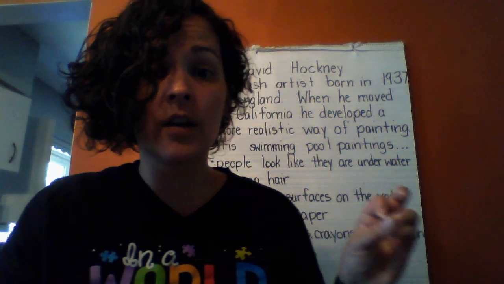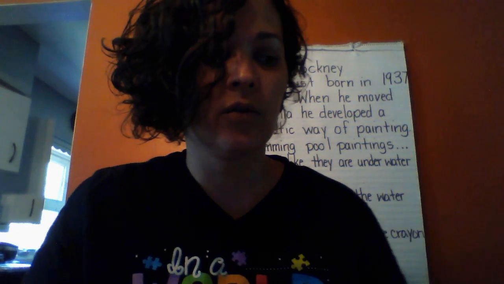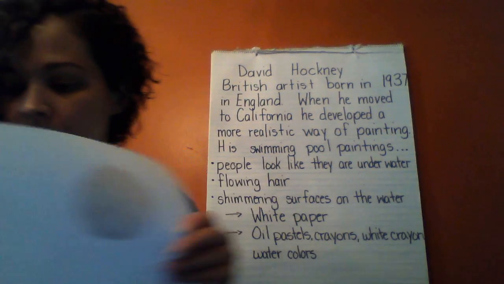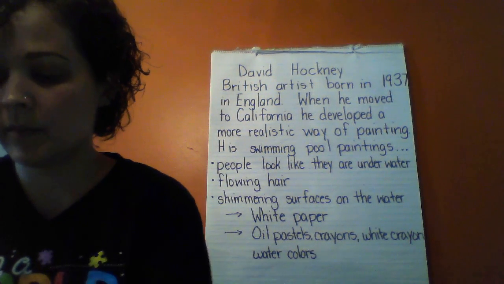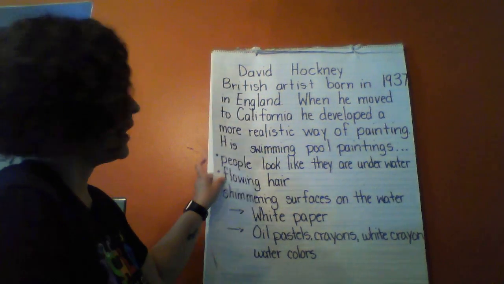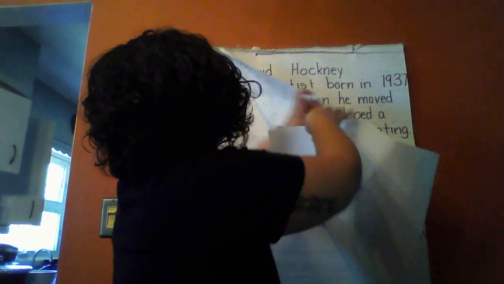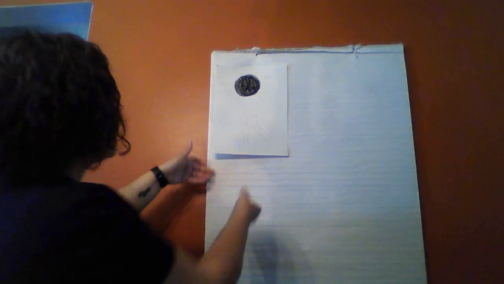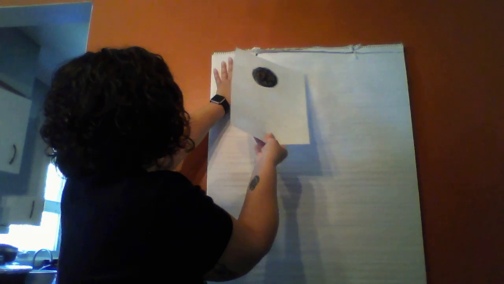Remember that Mrs. G is an artist, but not at drawing, so no laughing. Here's one of them. Just give me time so I can take this off. Just let it fall for now. So here's one of them. What do you notice about this?